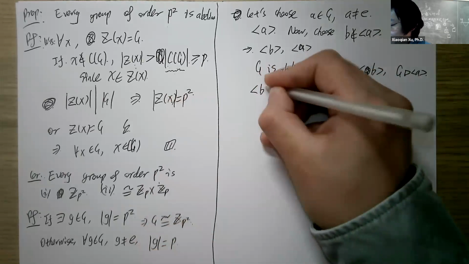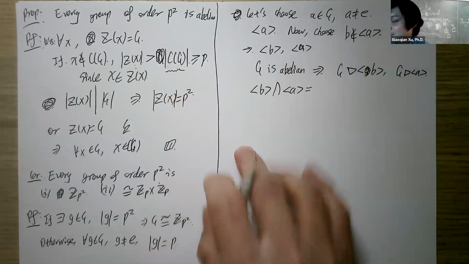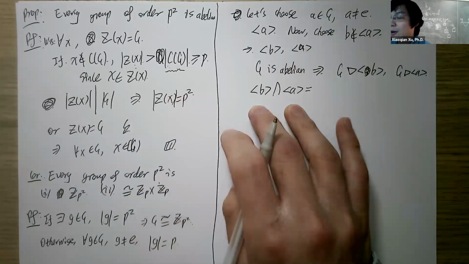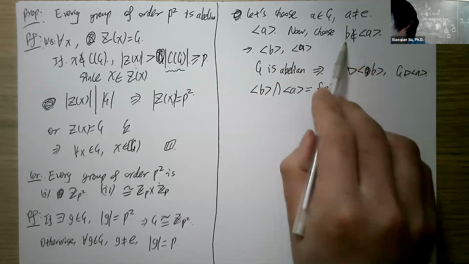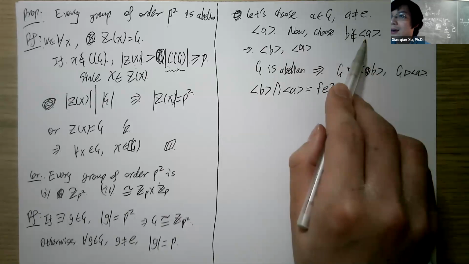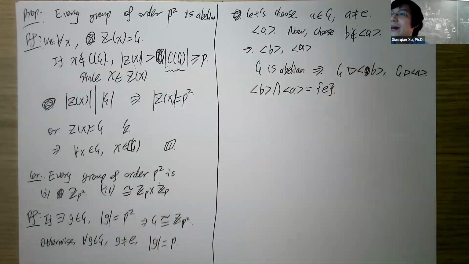We also know that the intersection of these two normal subgroups must be the identity, because we chose b not belonging to the group generated by a. So of course, they don't have any common element.